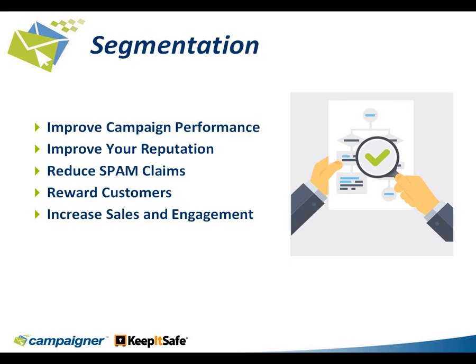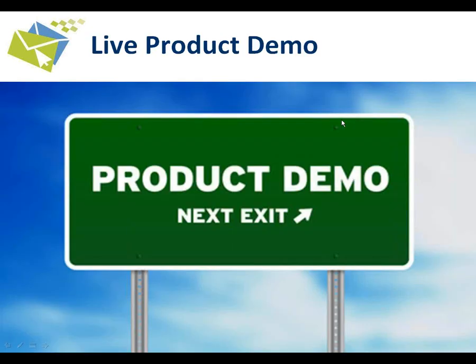It's going to reduce your spam complaints because you are going to be sending them information that they want to receive. You can reward your customers by setting up different segments, and of course it will increase your sales and engagement. So with that being said, I don't want to sit here and chat about it forever, but we're going to go into the product and I'll show you how to set some up.